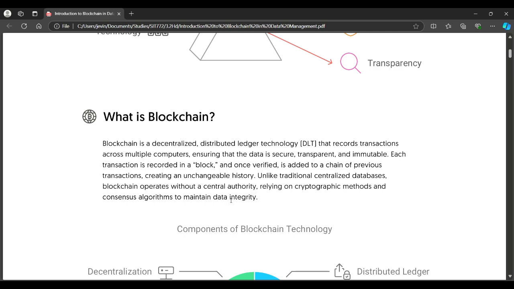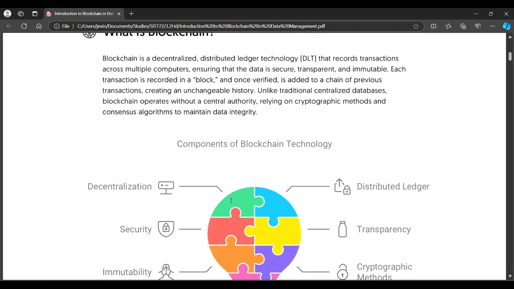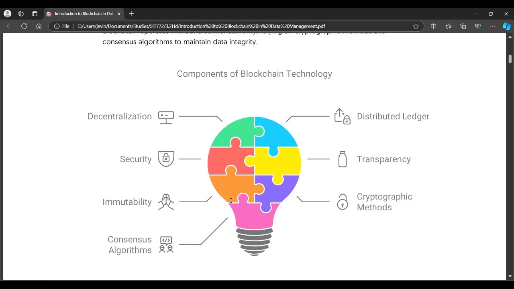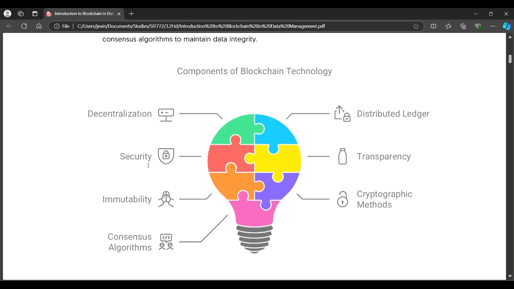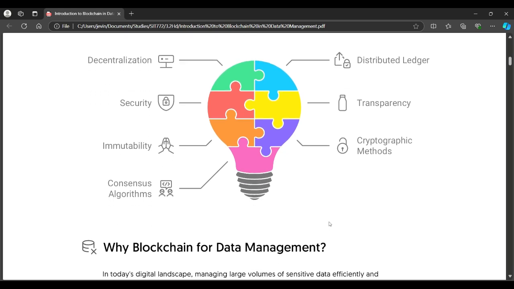Unlike a traditional centralized database, blockchain operates without any central authority, relying on cryptographic methods, and it maintains data integrity. As you can see here, it has decentralized security, an immutable consensus algorithm, transparency, cryptographic methods, and a distributed ledger.